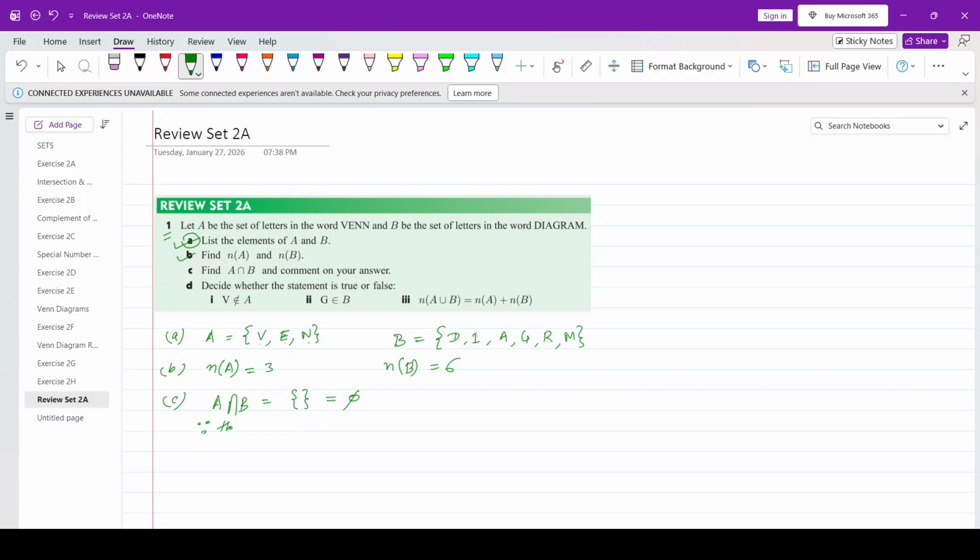Since there is no common letter in set A and set B, therefore A intersection B is an empty set.